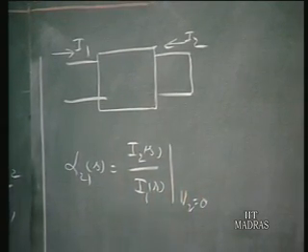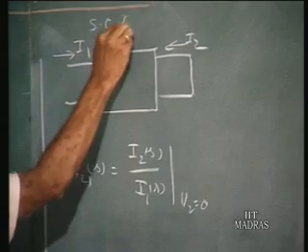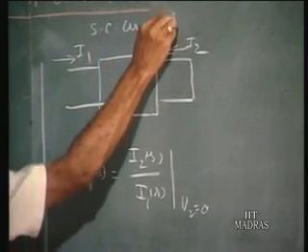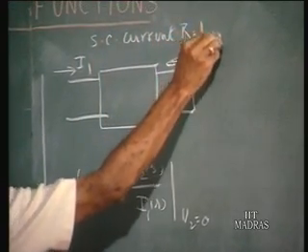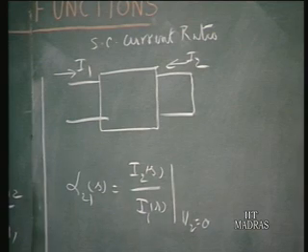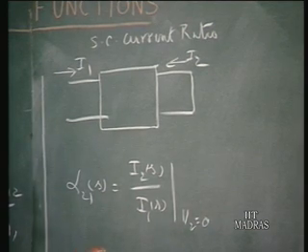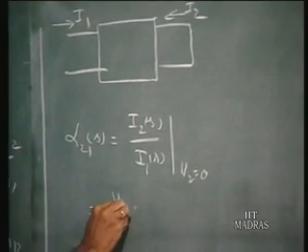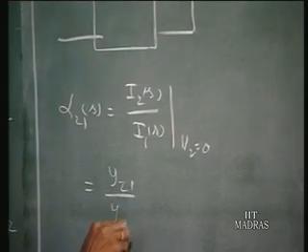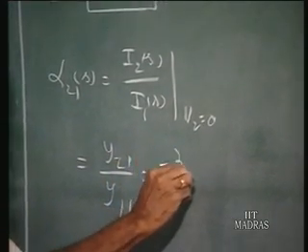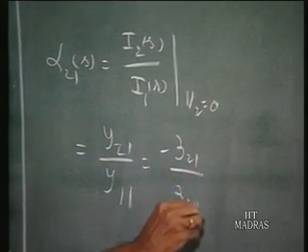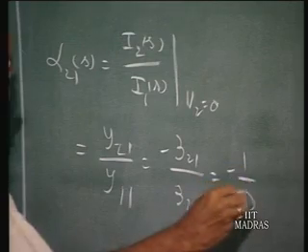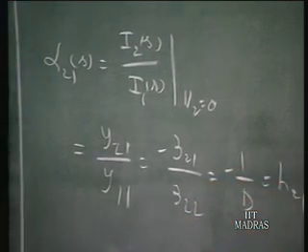That is called the short circuit current ratio. And you can show that this is equal to Y21 over Y11 equals minus Z21 over Z22 equals minus 1 over D equals H21.